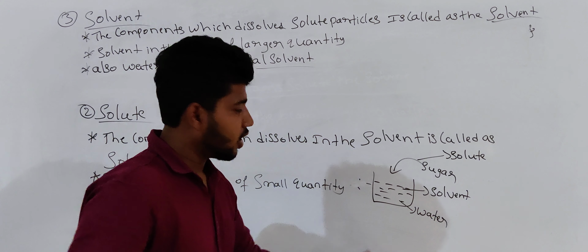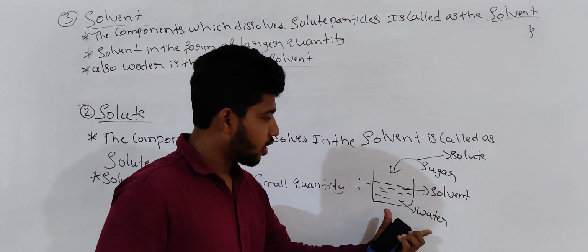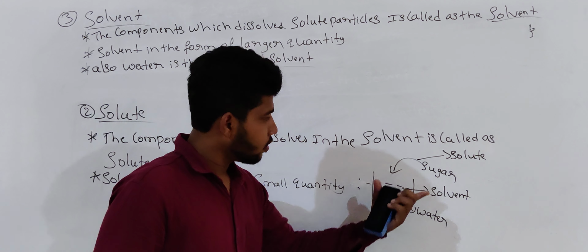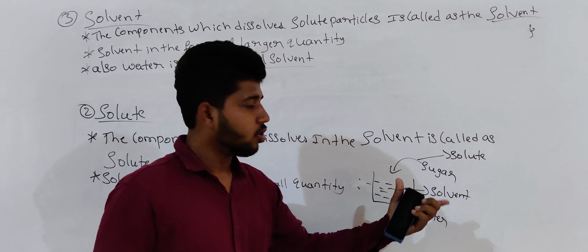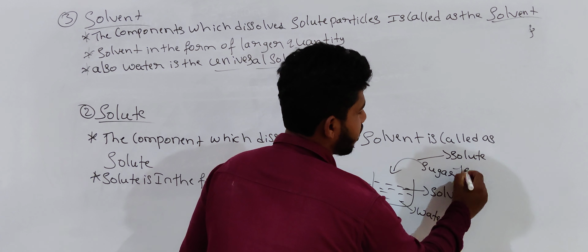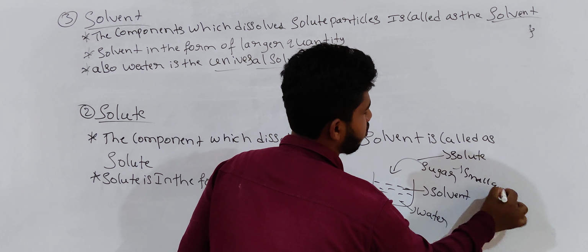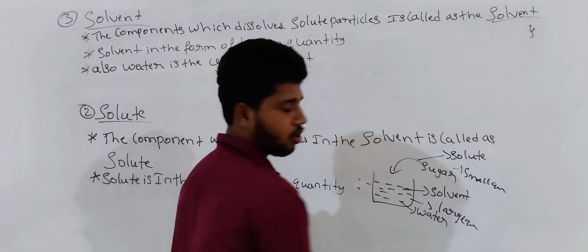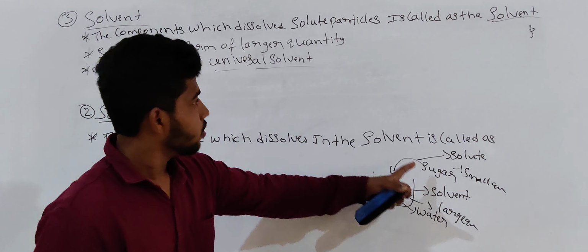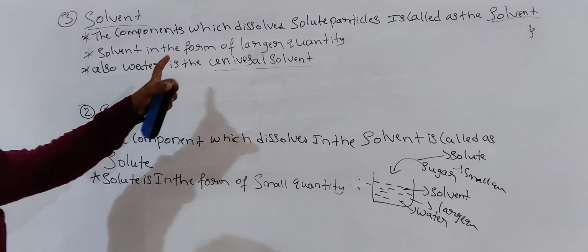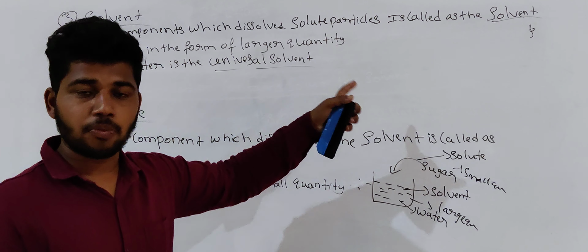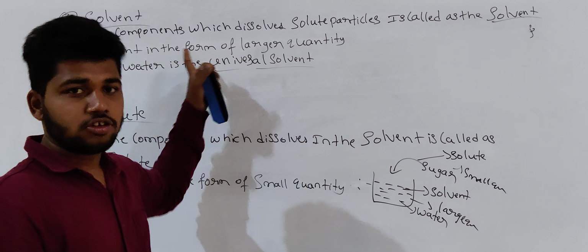The water in the small beaker is called the solvent. When sugar is added to the water, sugar is called the solute. Sugar is in a small quantity and water in a large quantity. That is why the component which dissolves the solute particles is called the solvent.